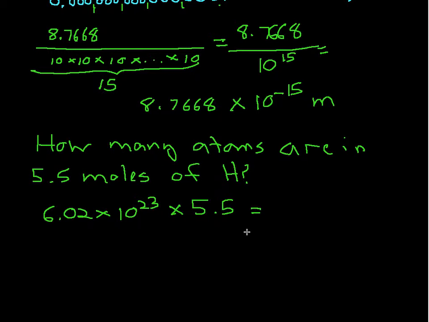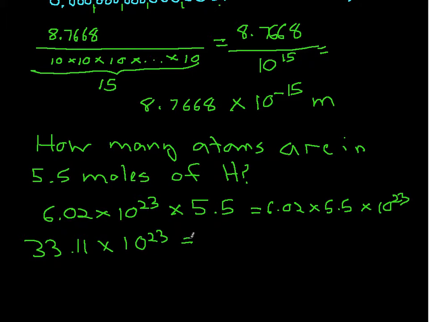What happens here is it's like taking 6.02 times the 5.5 times the 10 to the 23rd power. So if we take 6.02 times 5.5, that's 33.11 times 10 to the 23rd.